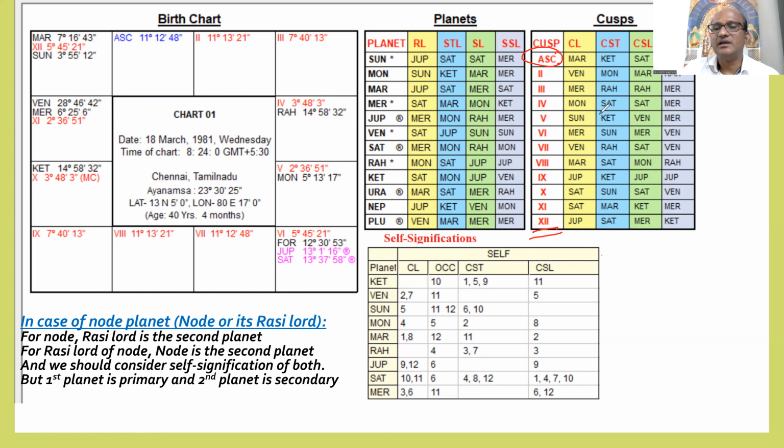Lagna's cuspal lord is Mars, at 11 degrees 12 minutes, in Ketu's nakshatra, Ashwini, and the Lagna falls in the subdivision of Saturn. The sublord is Saturn. So Mars, Ketu, and Saturn.